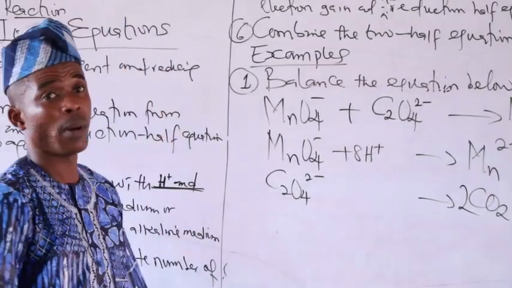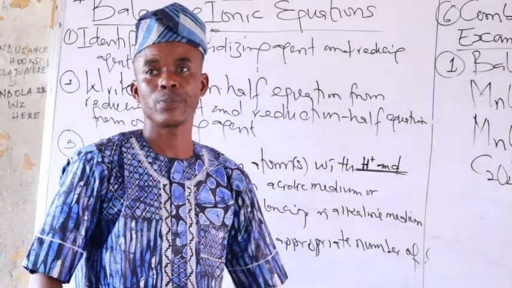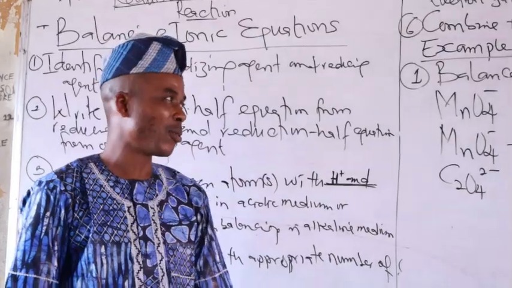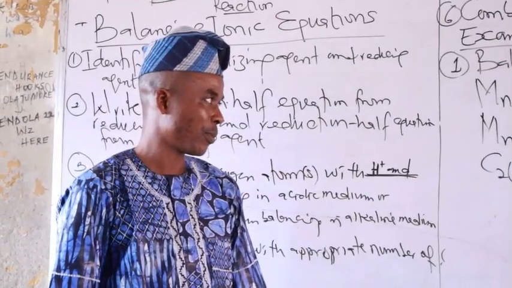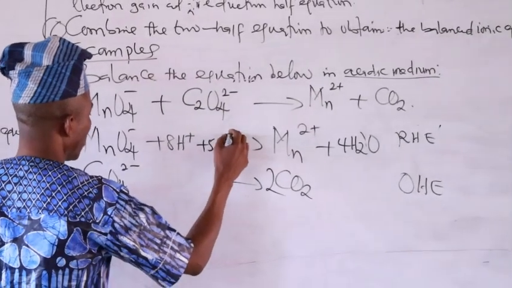Then what do we do now? We balance the charge. Let us balance the charge. How many electrons are we adding at the reduction half equation? So we had 5 electrons.